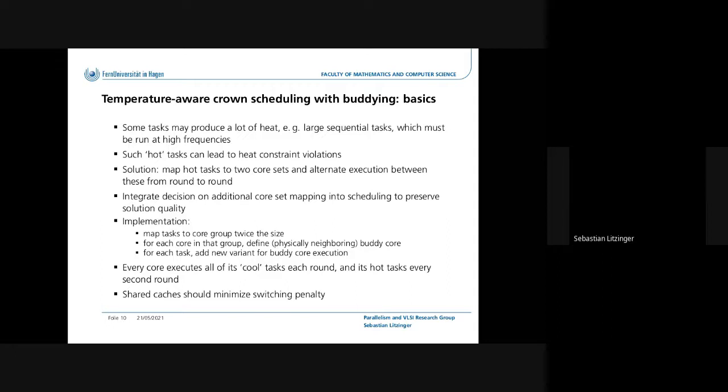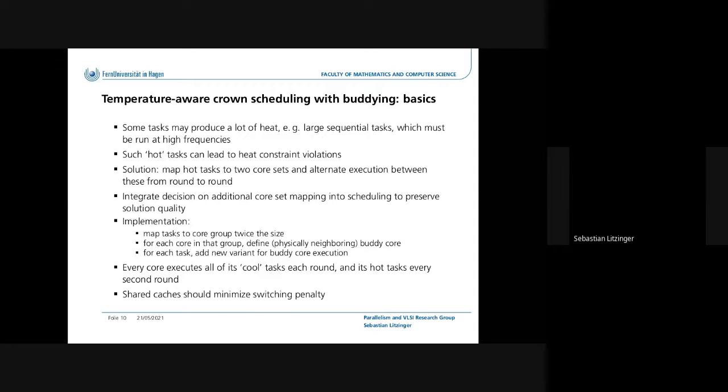So if a task should run on 4 cores, then we map it to a group containing 8 cores, so that we could alternate the execution from round to round there. And for each core in that group, we would define a buddy core, where between these 2 cores, the execution switches over the rounds. And for each task, we will add a new variant, which implies the buddy core execution.